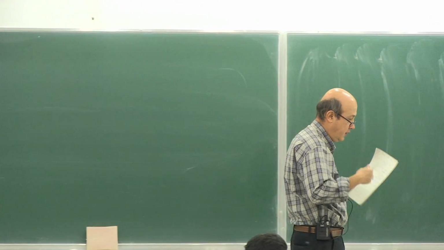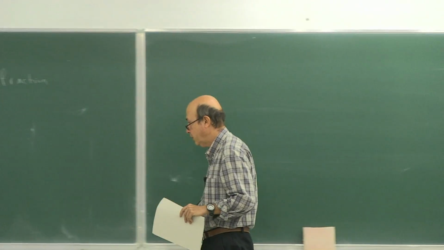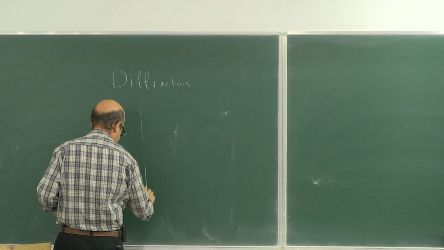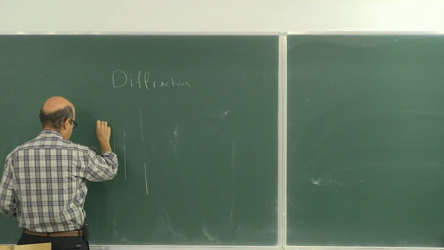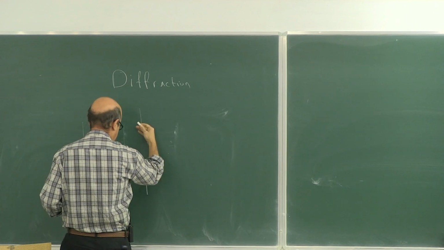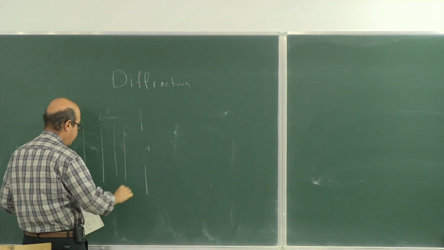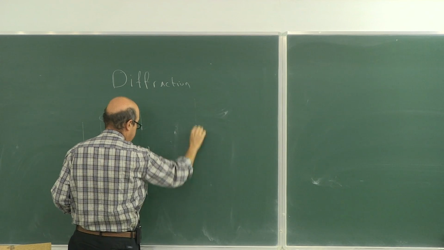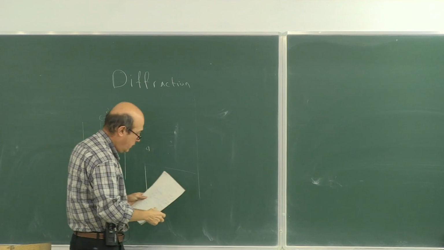If you send waves of wavelength lambda to an opening in opaque matter, and the opening is much greater than the wavelength, these waves will diffract. And if you have a screen, you can obtain some diffraction pattern.